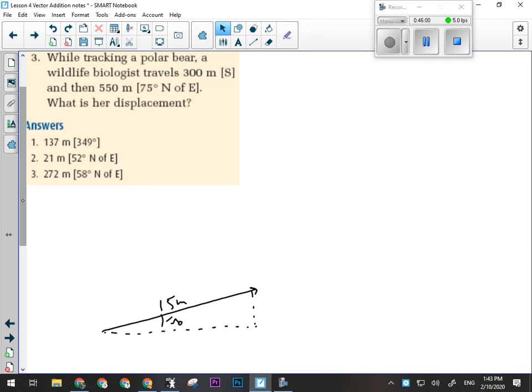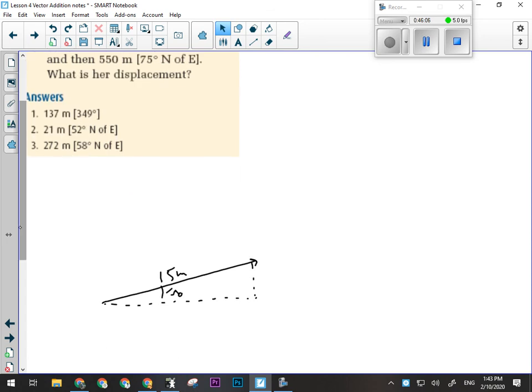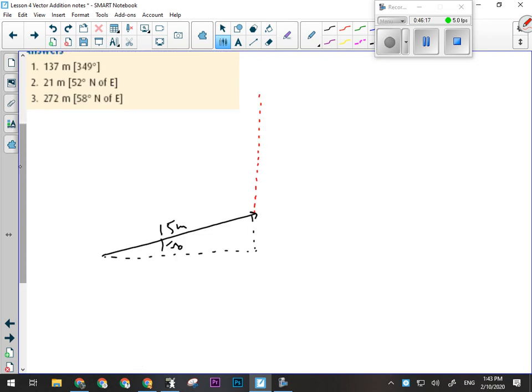Then from there, we have it going 5 degrees west of north, 13 meters. My reference direction for this part is due north, and it's 5 degrees west of north, so another narrow triangle. That's 13 meters, and again, roughly to scale.